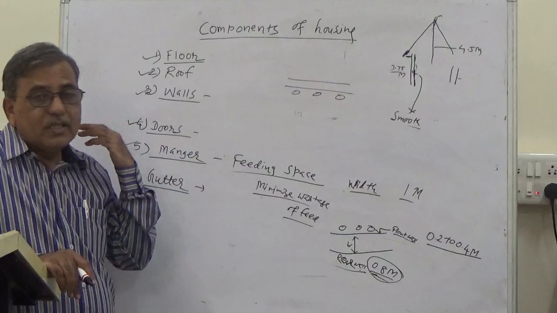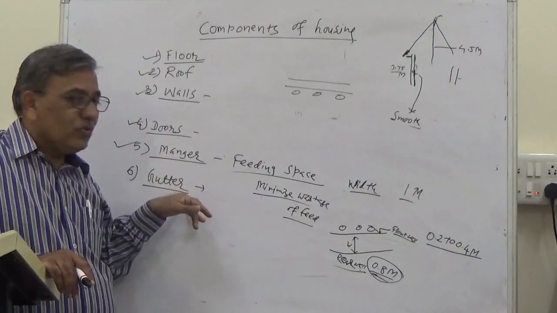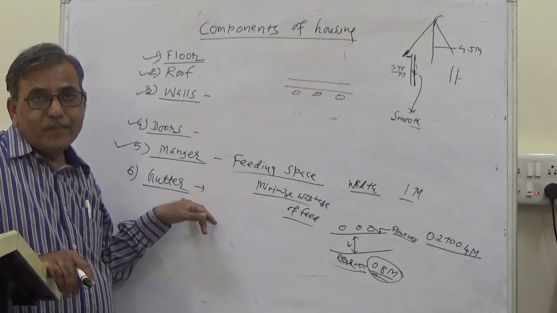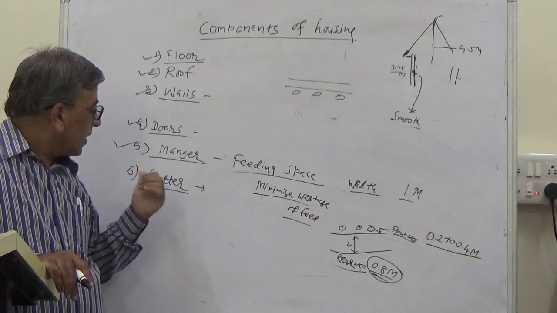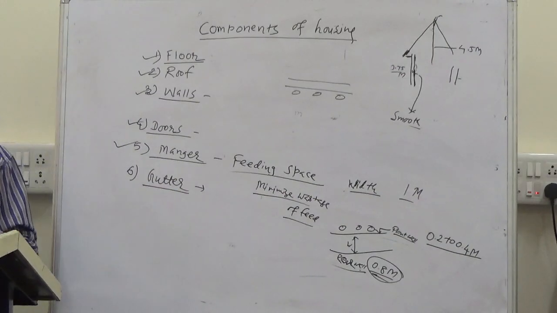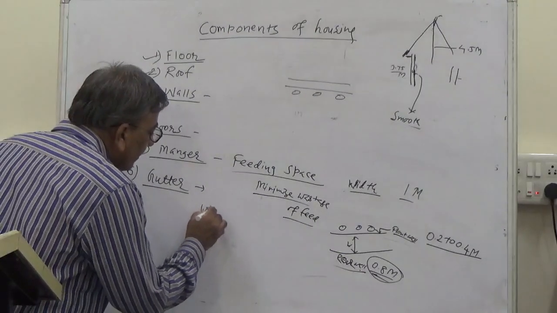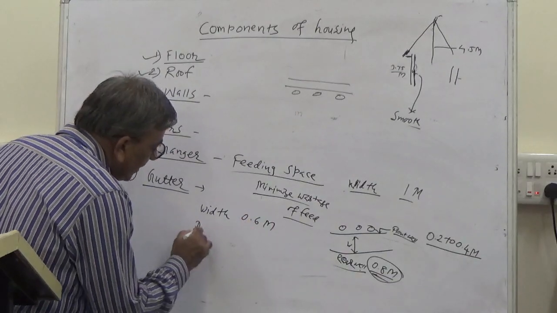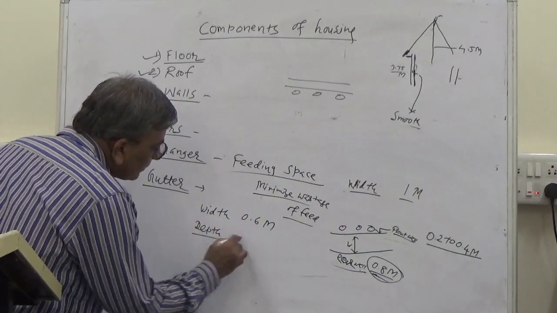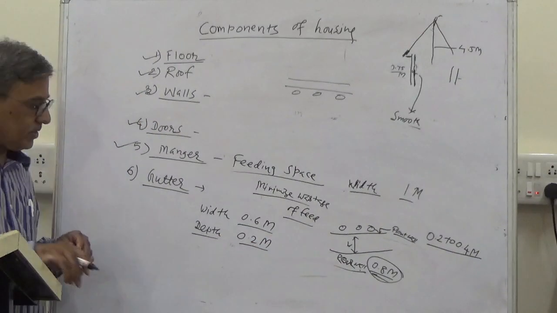As we have discussed, there should be a slope of 3 centimeters from manger to gutter for easy drainage of the waste material. Now, what are the specifications of the gutter? The width of the gutter should be 0.6 meters and the depth should be at least 0.2 meters.